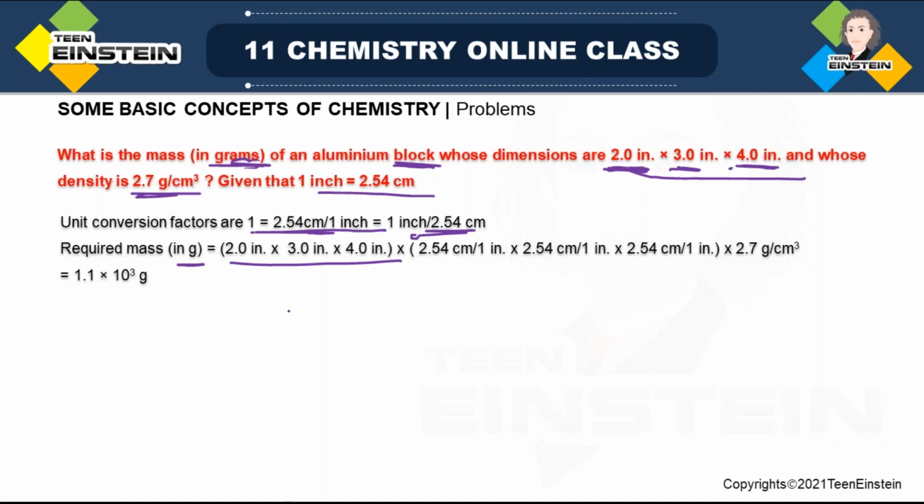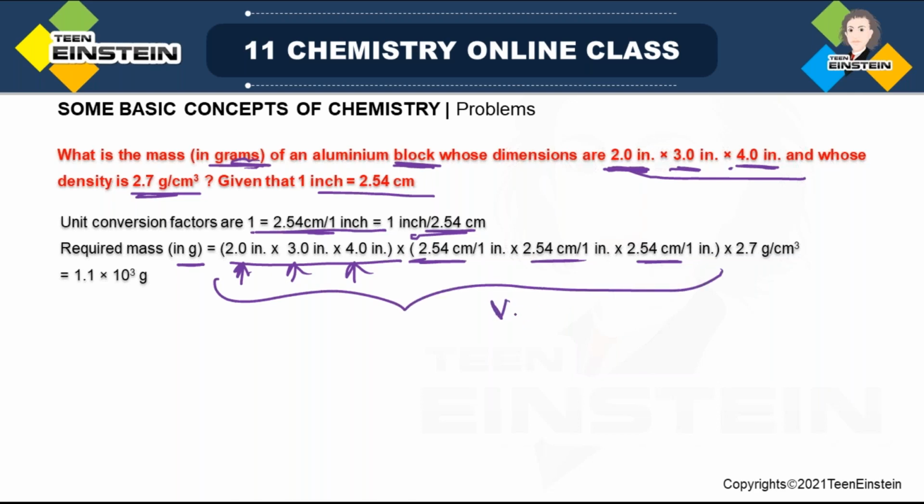So it is 24 inch cube, but you have to convert it to centimeter. So all these terms individually should be multiplied by 2.54. So 2.54 should be multiplied 3 times, once for each of these 3 values. Now once you do so, this total part is basically volume, which will have the unit centimeter cube.